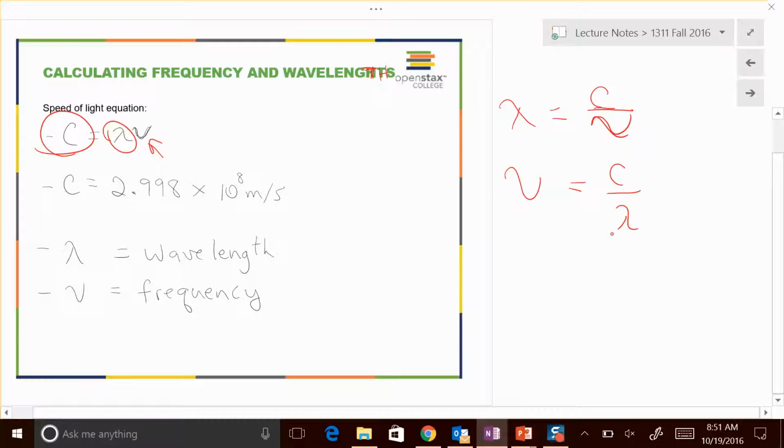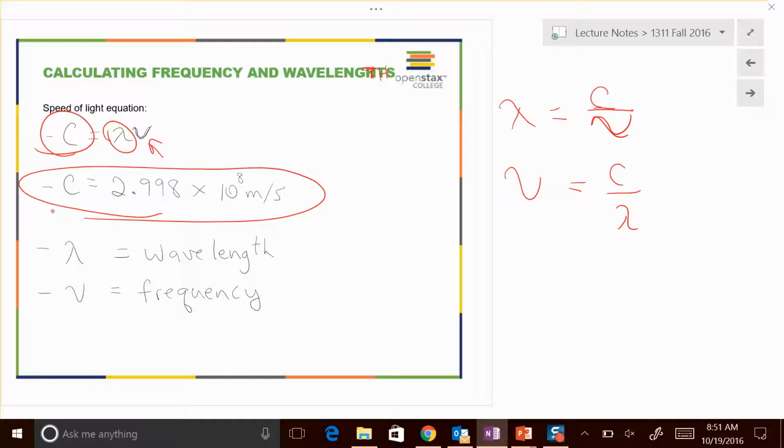And c is the speed of light, which is a constant. It never changes. Okay? Light travels at that speed, whether it's a radio wave the size of a football field, or a gamma ray, which is very, very microscopically tiny. Doesn't matter. They both travel at the same speed, the speed of light.